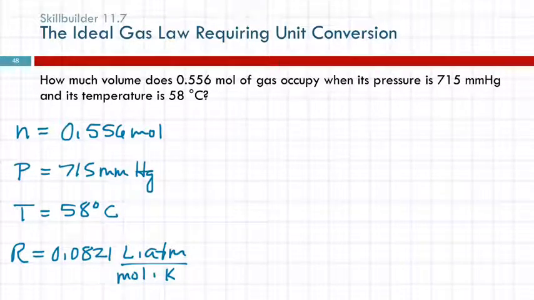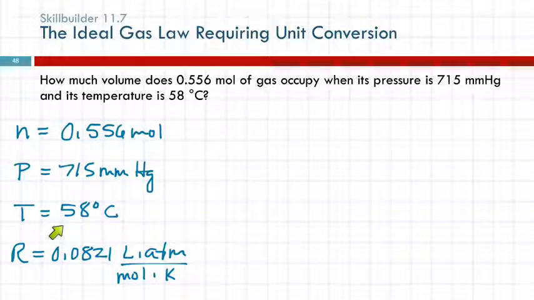I'm going to give that to you on the exam. There's a lot of help hiding in there. That tells us what units we need for these things. Millimeters of mercury are not going to work using the ideal gas law. They're fine in Boyle's law or Charles' law.